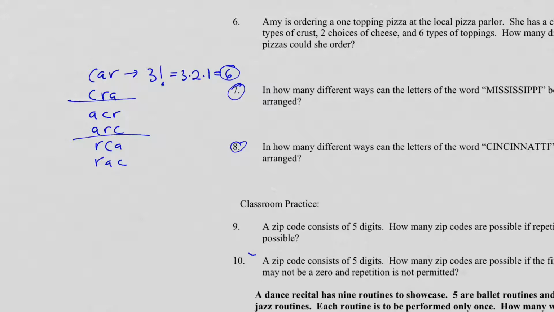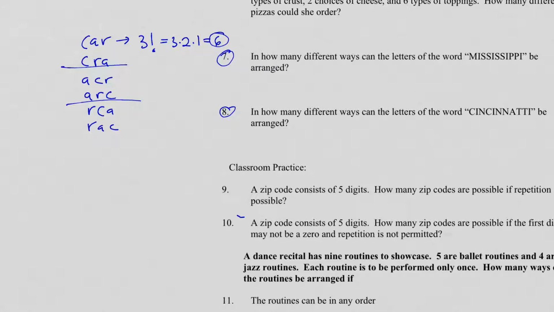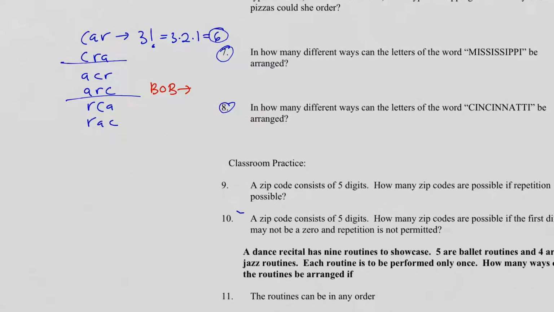But let's say if I have the word Bob. Okay? It is not 6 anymore. Let me show you why. Actually, how much do you think it is? We'll see. Let's put this sample space out here.